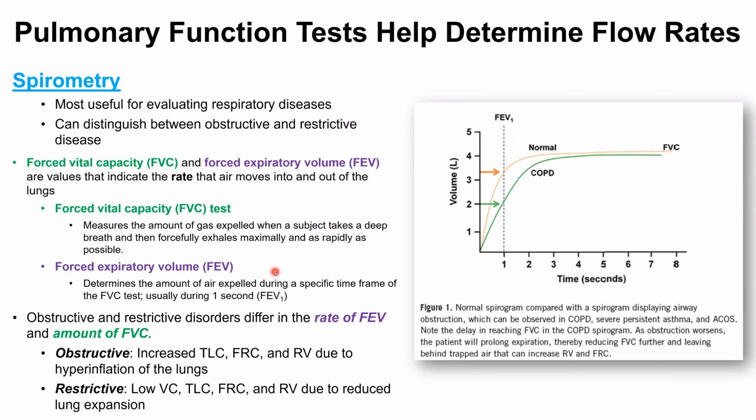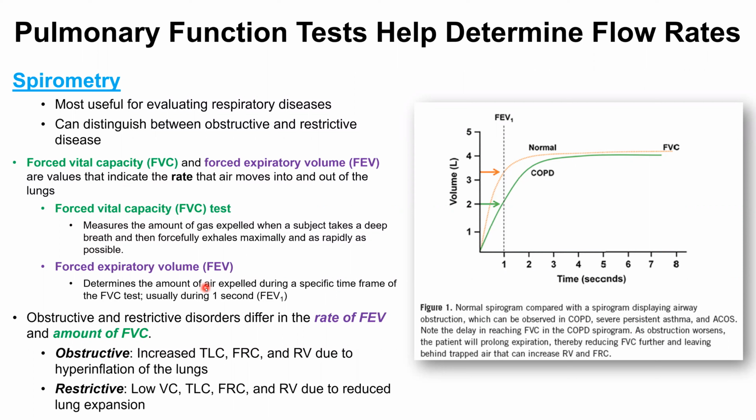Forced expiratory volume is another thing that we can gain information about by using spirometry. And forced expiratory volume is going to determine the amount of air that the patient has exhaled during a specific time frame of the forced vital capacity test.